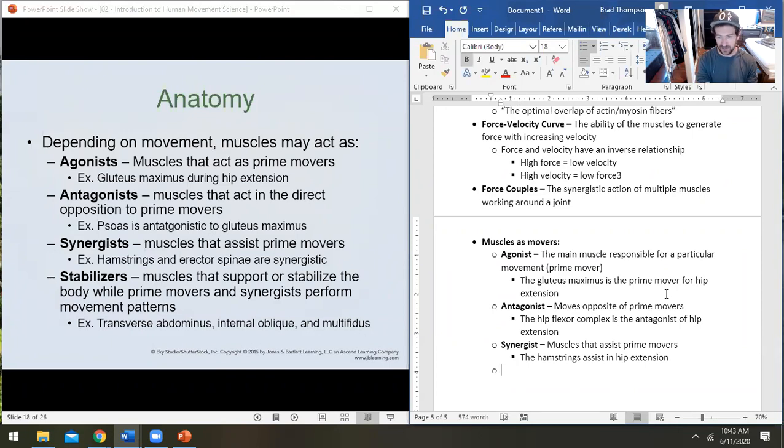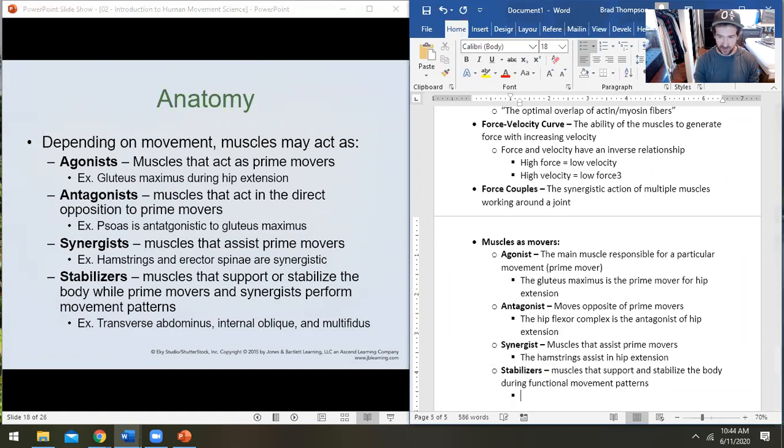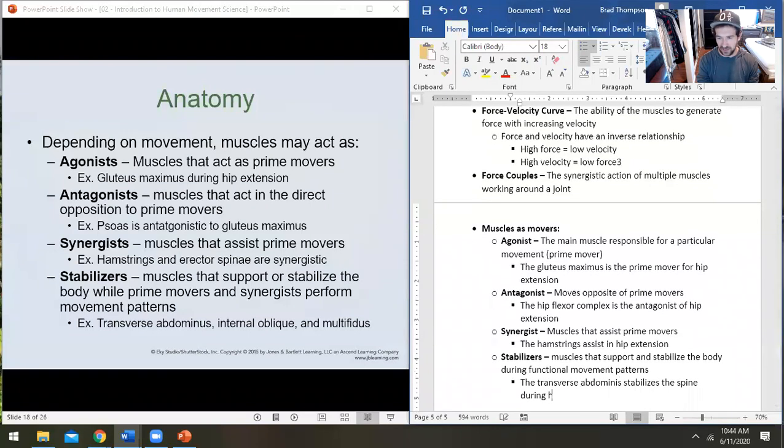And then you've got stabilizers, which are muscles that support and stabilize the body during functional movement patterns, right? So for instance, the transverse abdominis stabilizes the spine during hip extension.